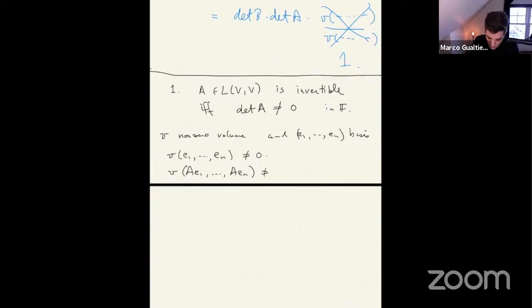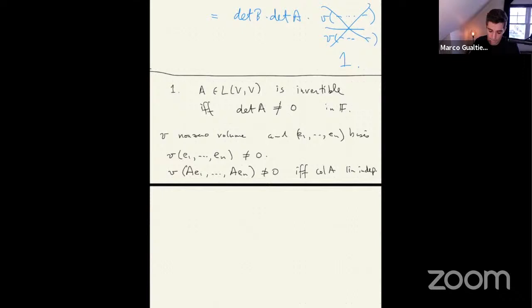So this thing is non-zero if and only if the columns of A are linearly independent. And the columns of A are linearly independent if and only if A is invertible. It's coming from the rank nullity theorem.